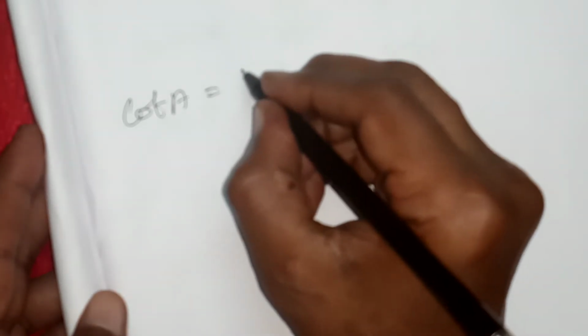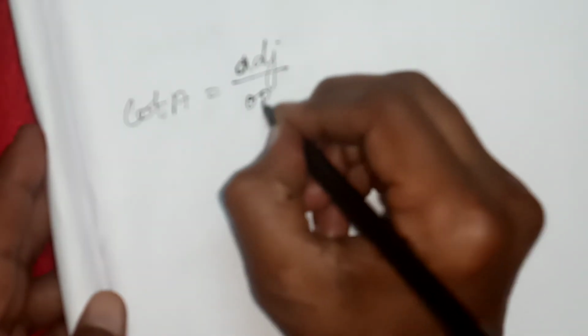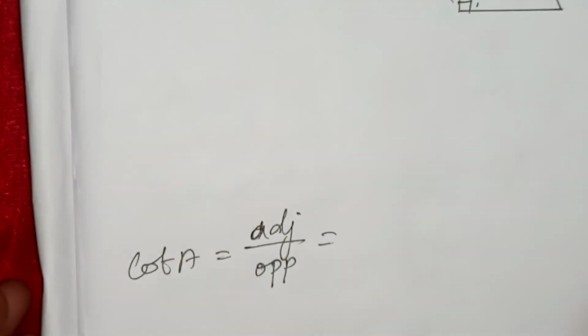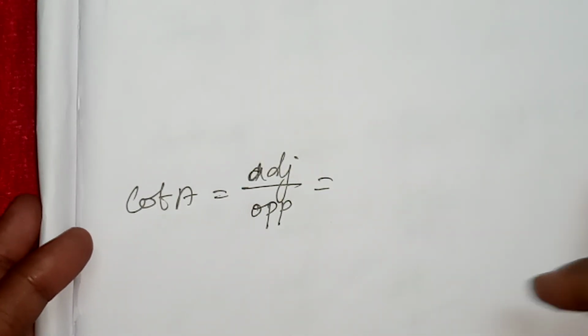Next we have to find out cot A. Cot A is adjacent side by opposite side, the reciprocal of tan.